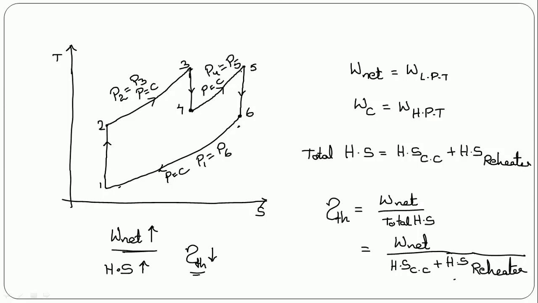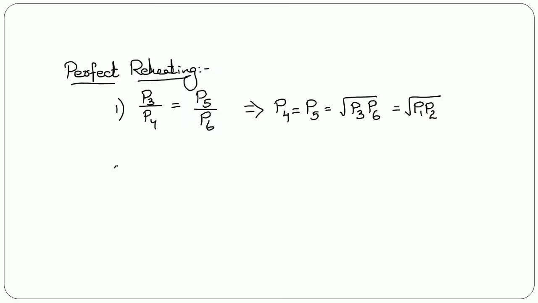If T3 is equal to T5, then we can say that perfect reheating has happened. That means the temperature at entry to both the turbines should be the same. So when temperature at entry to both the turbines is the same, we can say that this is perfect reheating.